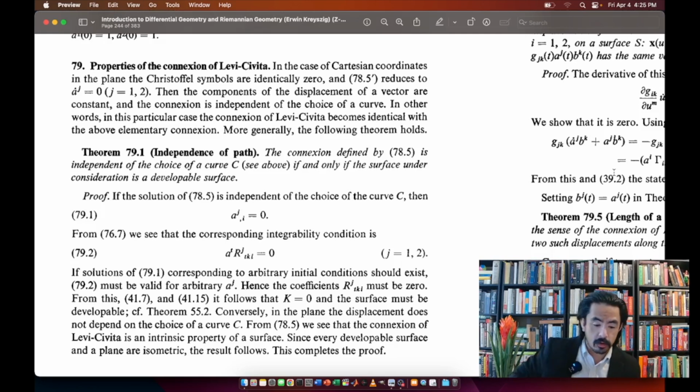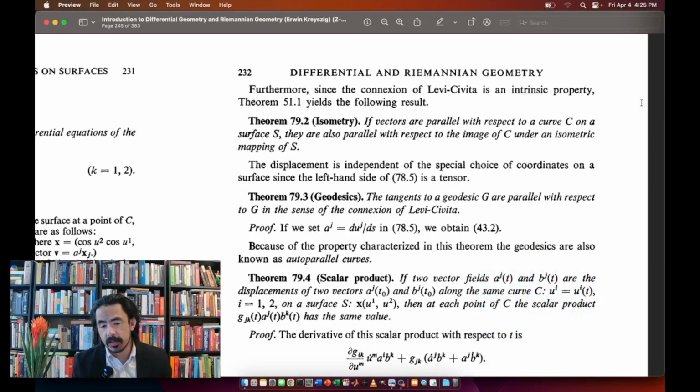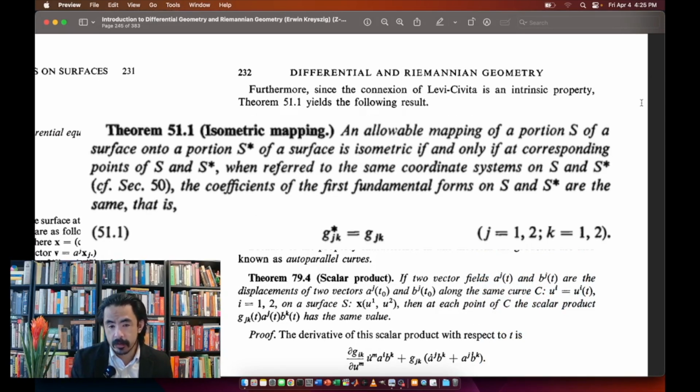This completes the proof. Furthermore, since the connection of Levi-Civita is an intrinsic property, theorem 51.1, hopefully I'm flashing that on the screen right now, yields the following result.